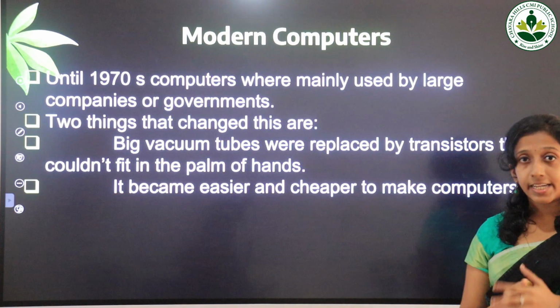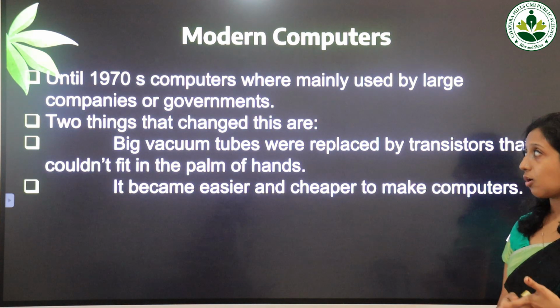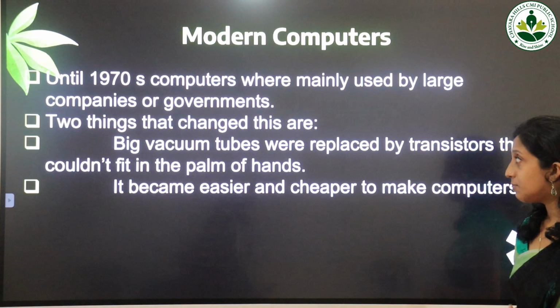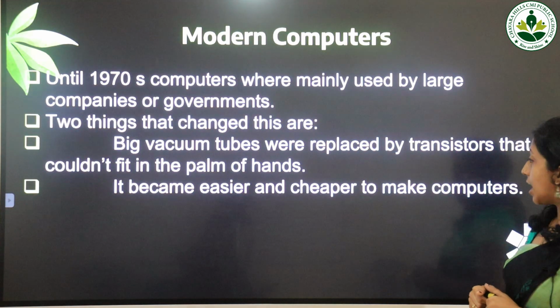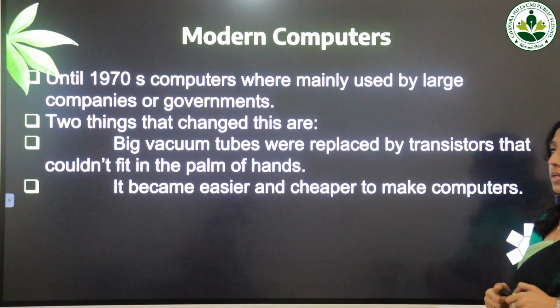Until the 1970s, computers were mainly used by large companies or governments. Two things that changed this are: big vacuum tubes were replaced by transistors that could fit in the palm of our hands, and also it became easier and cheaper to make computers.